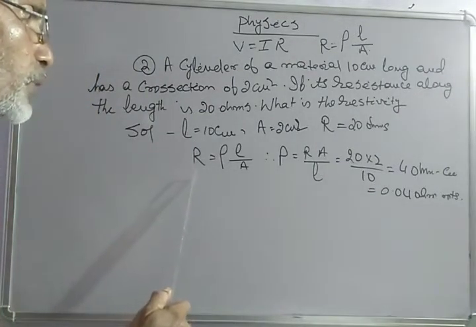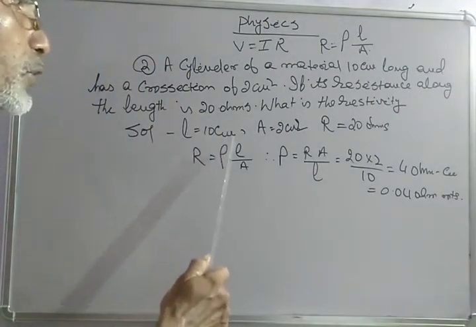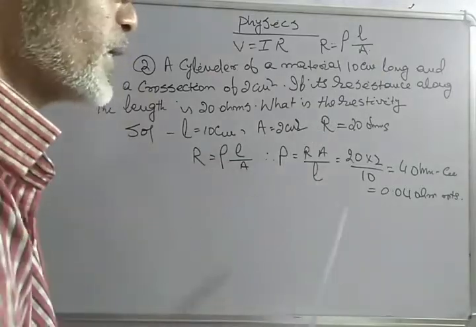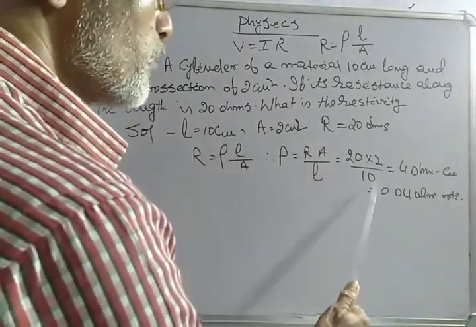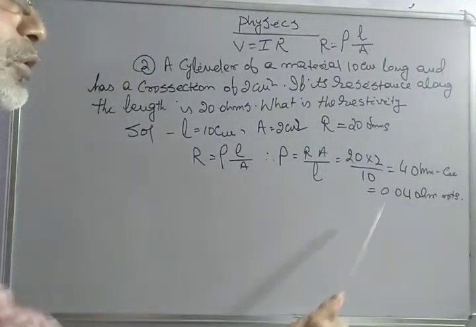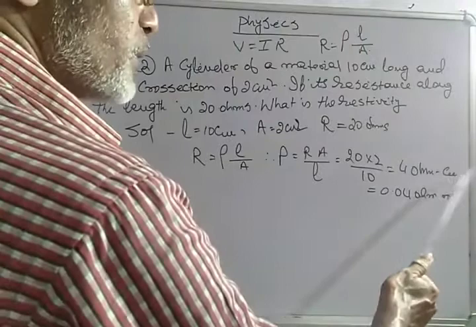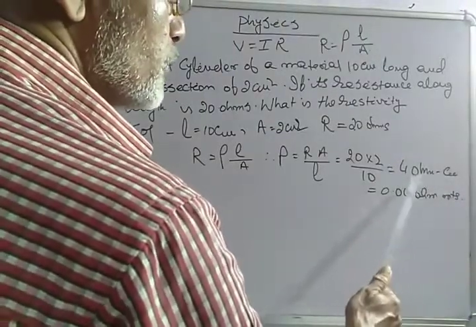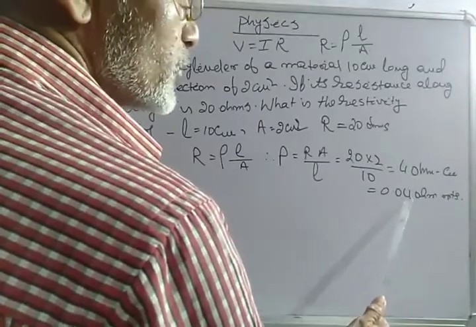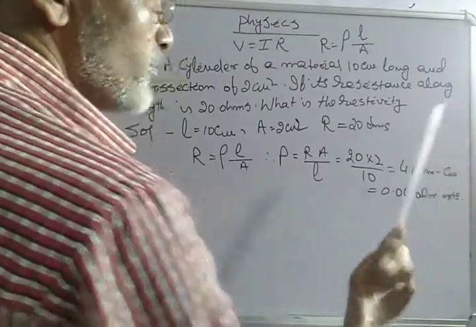So the resistance formula R is equal to rho into L by A, so rho is equal to R into A by L, that is equal to 20 into 2 by 10, which is equal to 4 ohm centimeter. As this one is centimeter and this one is meter, divide by 100, you will get 4 by 100, which is equal to 0.04 ohm meters.